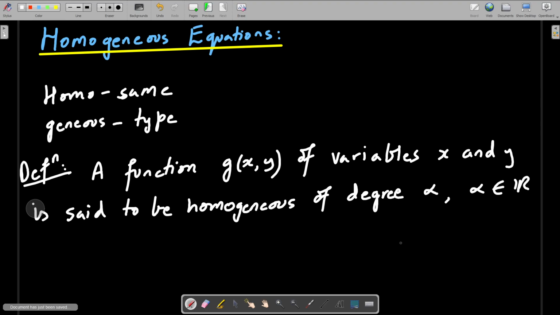Alpha is a real number. This notation is for the set of reals.